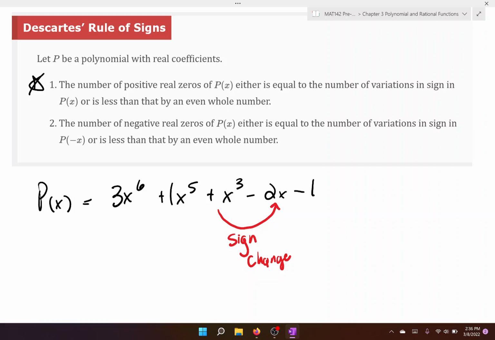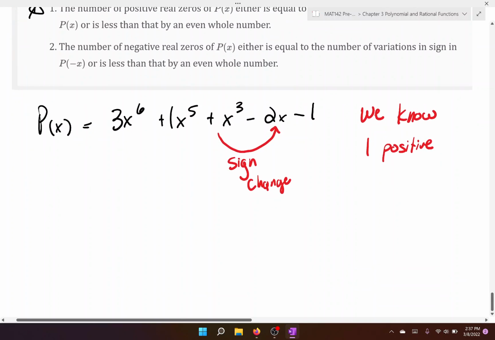So right now we know we can have one positive root, all right, and that's basically it. Now what we're going to have to do is take p of negative x.